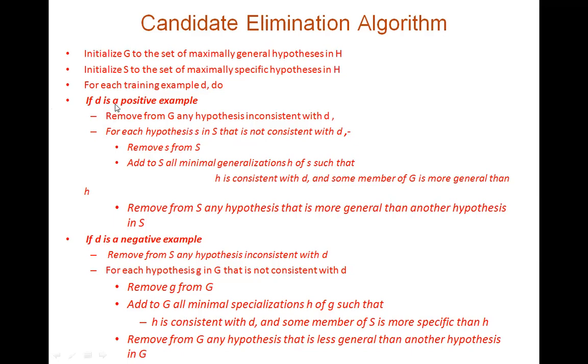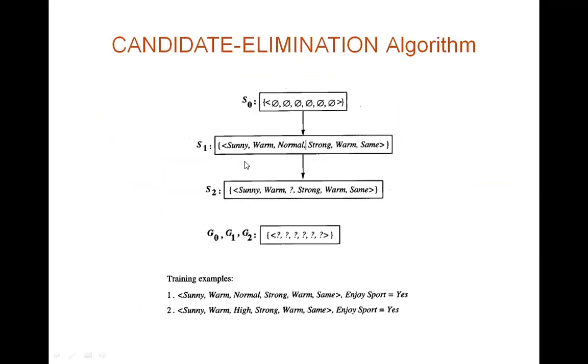See, we shall start with our data set itself. I will explain this algorithm while tracing it. S boundary and G boundary. S naught is all null, and G naught, the general boundary, is all question marks. The algorithm starts with S naught and G naught. S naught, all null.